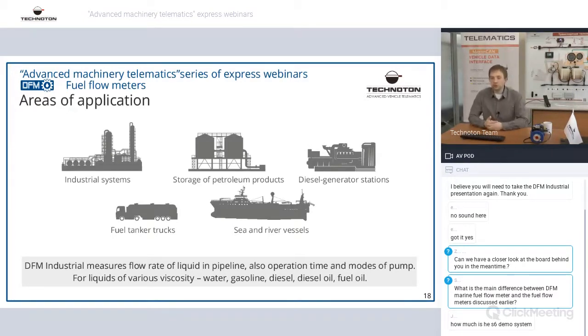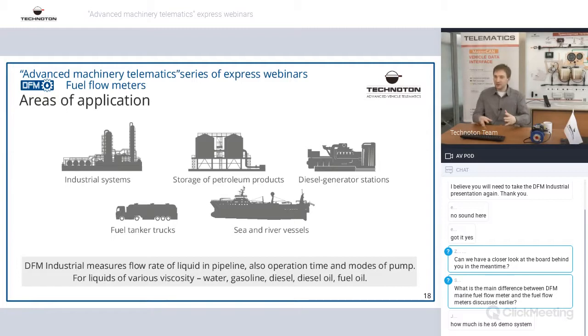Obviously, the important parameters still stay in flow rate, minimum and maximum flow rate. It's key still. It's the same story with the small flow meters, same story with DFM Marine, same story with DFM Industrial. We need to make sure that the flow rate of the application is in range of the DFM Industrial that we are using.